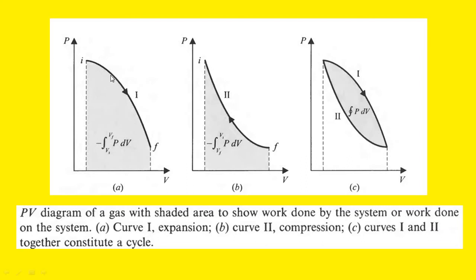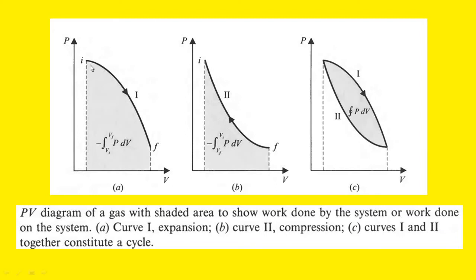You just see this. If you are taking a very small portion here, a line which may be parallel to here, very small, during this portion you can consider pressure as almost constant.